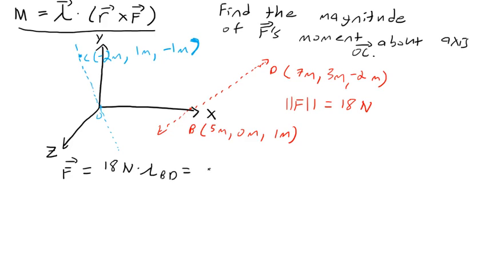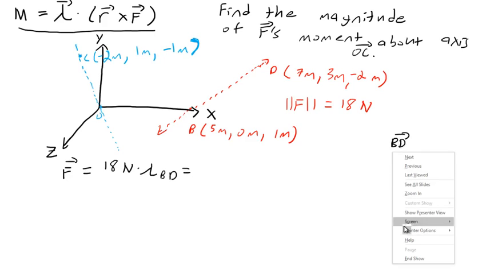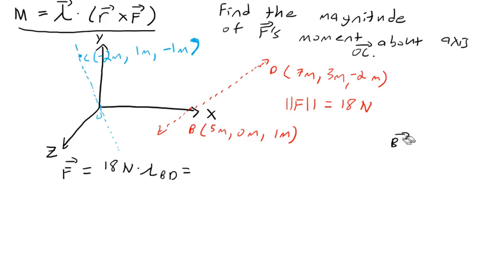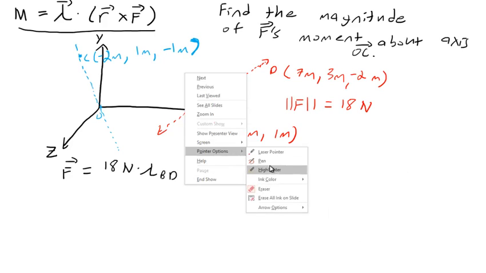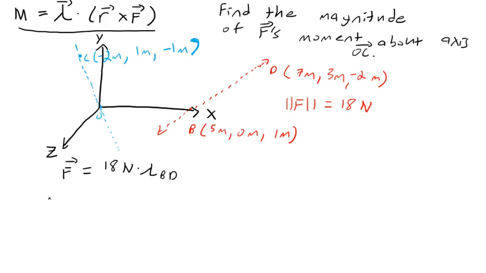So first, I need vector BD. I know that vector BD, not unit vector BD, but just vector BD, equals 2 meters, comma 3 meters, comma negative 3 meters, right?